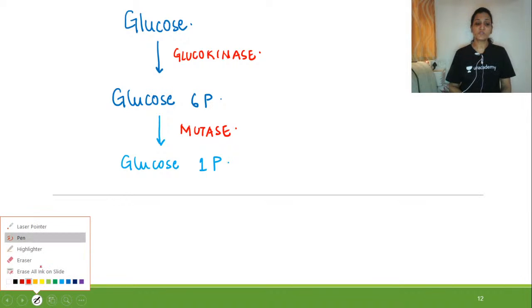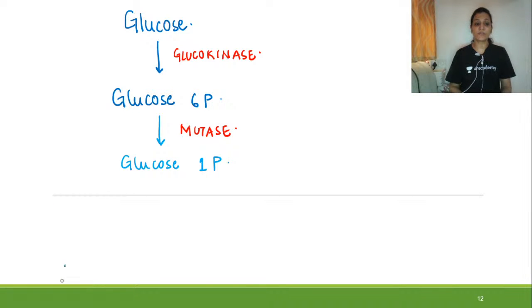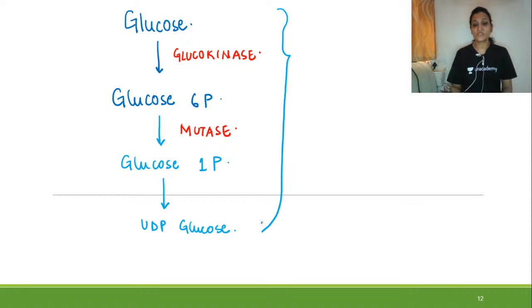Then from glucose 1-phosphate there will be formation of UDP glucose. This whole thing, formation of UDP glucose from glucose, is called activation of glucose.